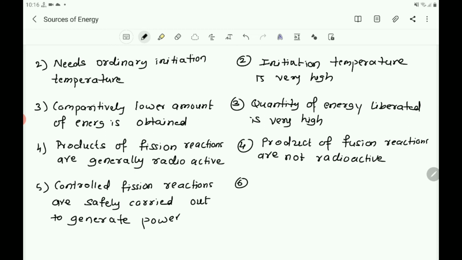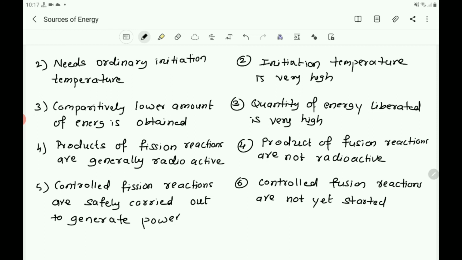Controlled fusion reactions are not yet started, or you can also write not yet obtained.